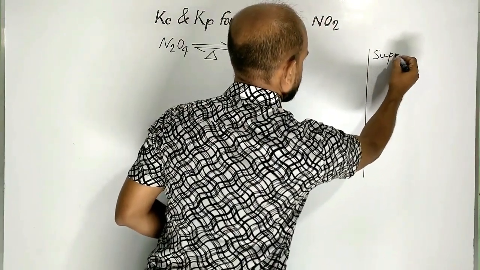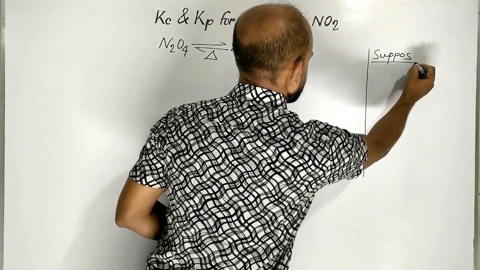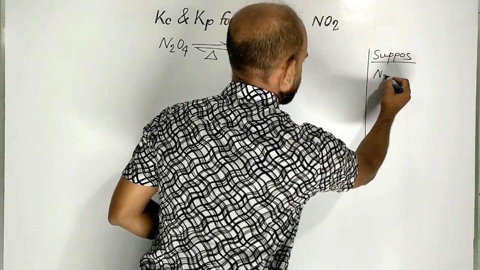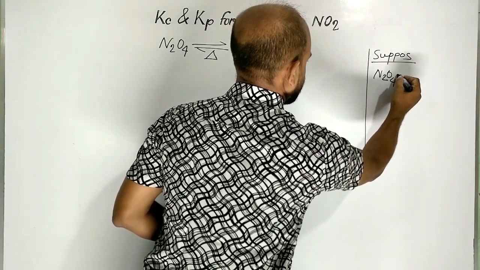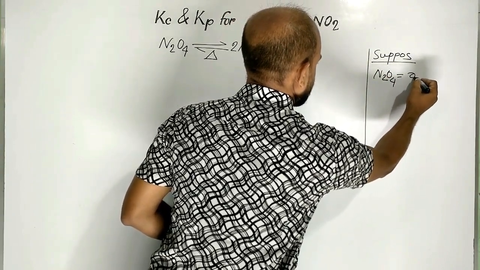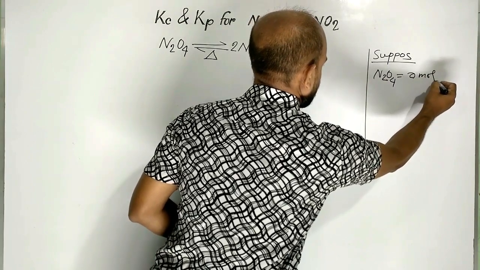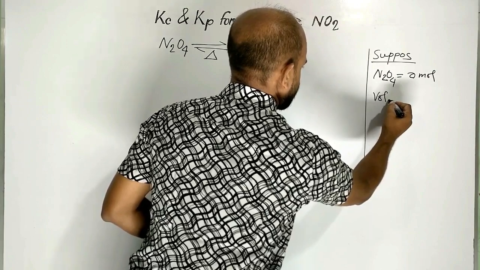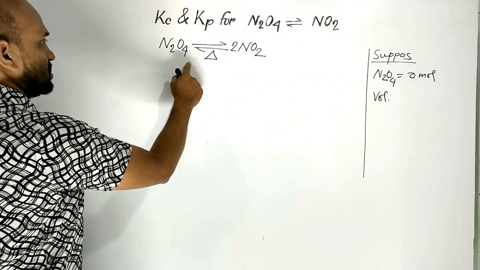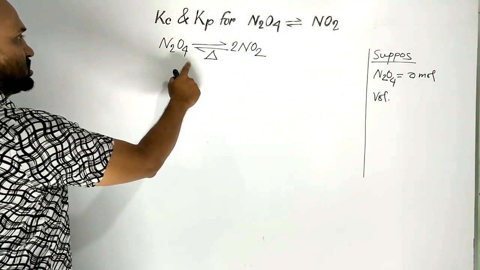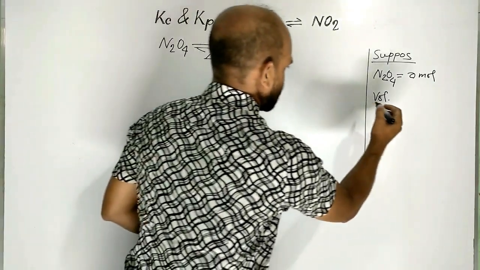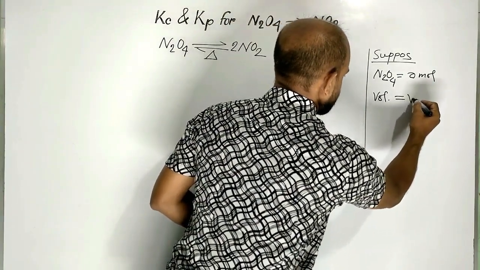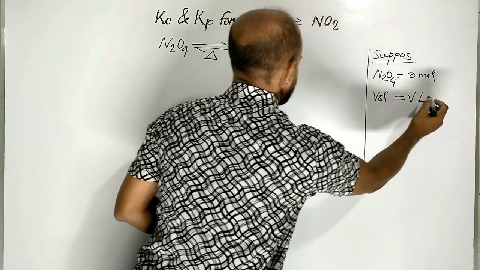Suppose dinitrogen tetroxide is taken, a mole, and the volume of the flask in which this reaction is conducted is V liter.